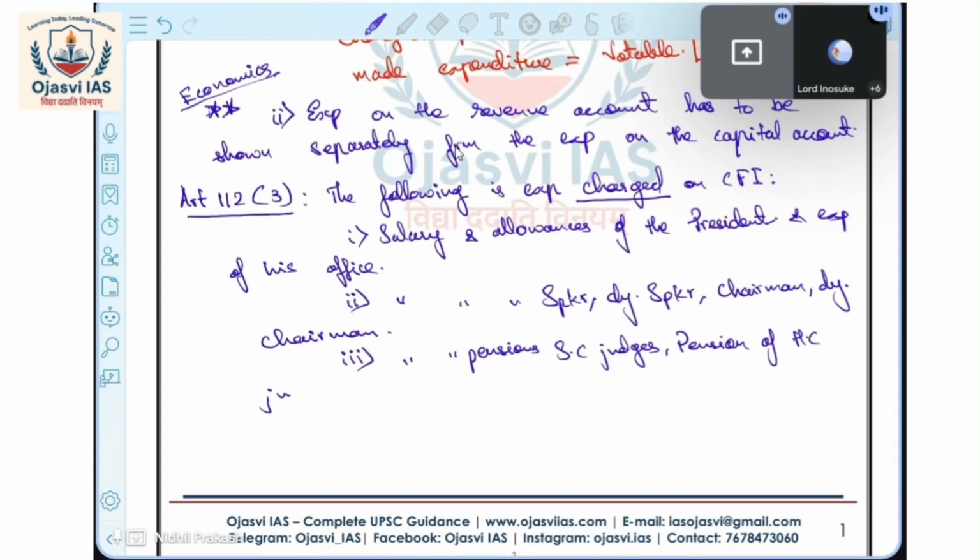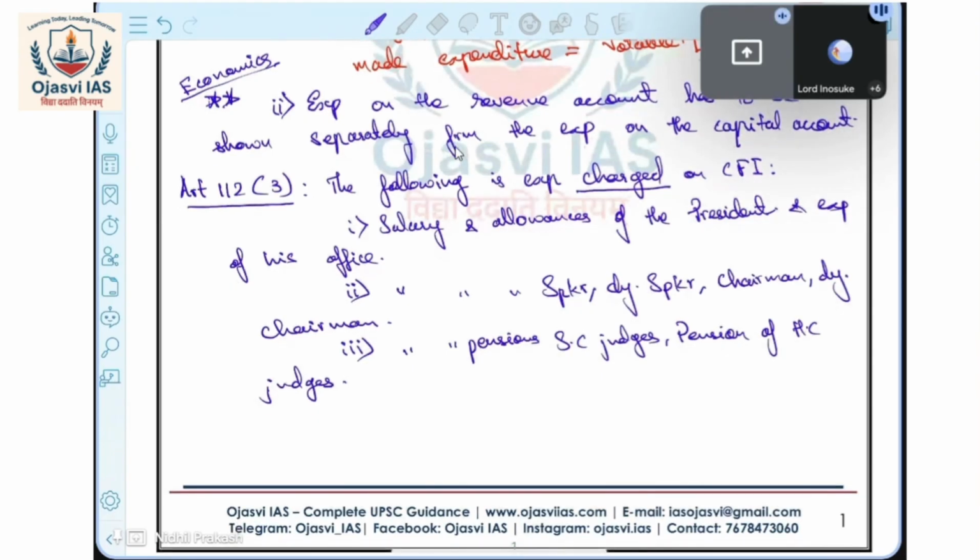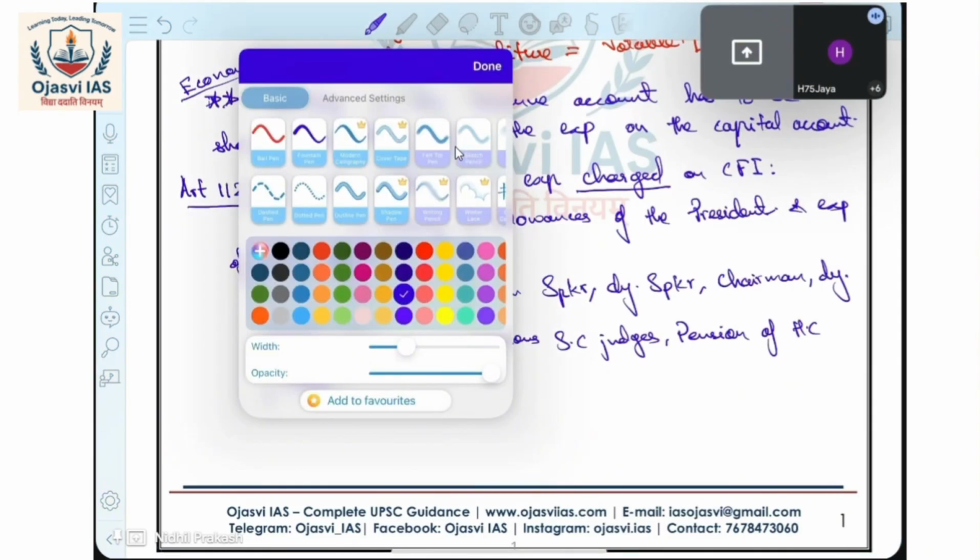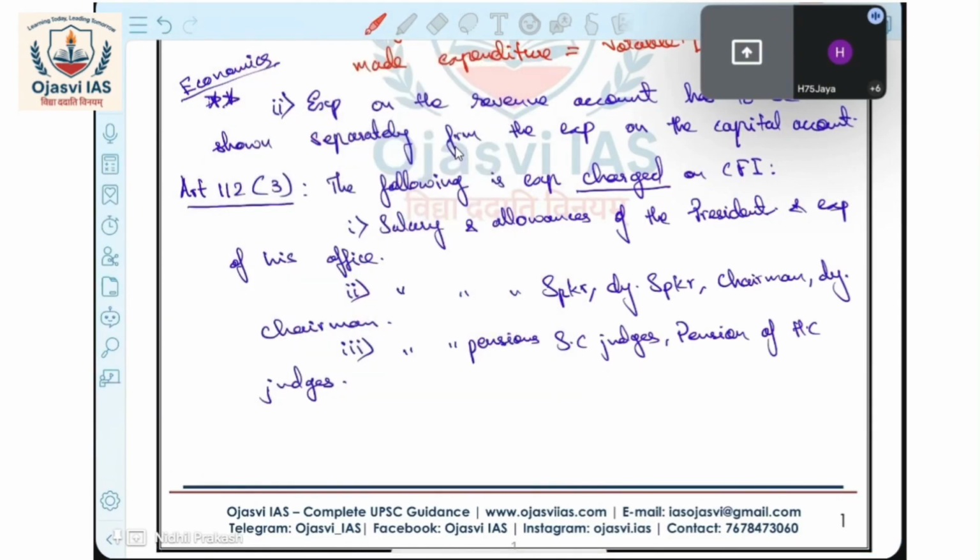Now you understand why these cannot be voted upon. When I'm writing it in front of you, you must understand why these cannot be voted upon, because they are very important constitutional functionaries. Did you notice something different here? We mentioned salary and pension of Supreme Court judges, but only pension of High Court judges. What about the salary of a High Court judge? That is charged on the State Consolidated Fund.